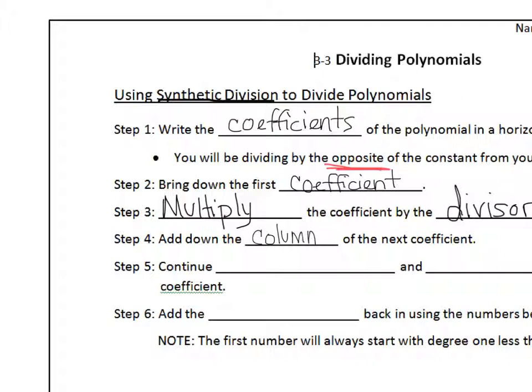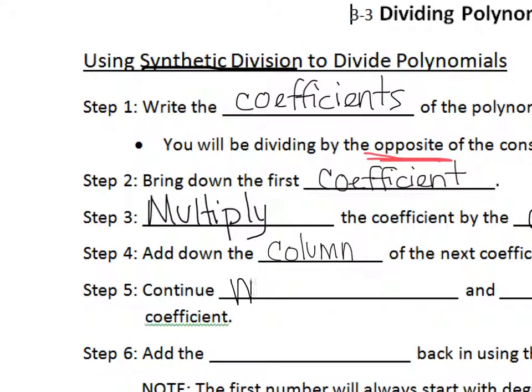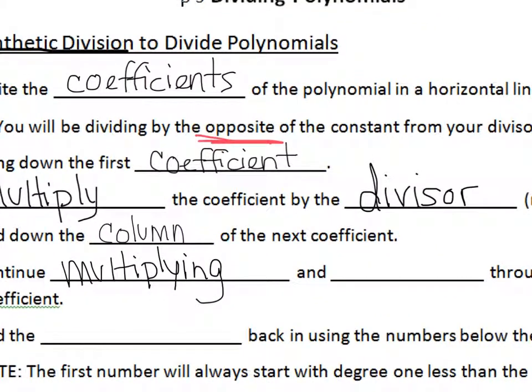Of the next coefficient, and you're going to continue multiplying and adding through the last coefficient. So it's multiply and add pretty much.